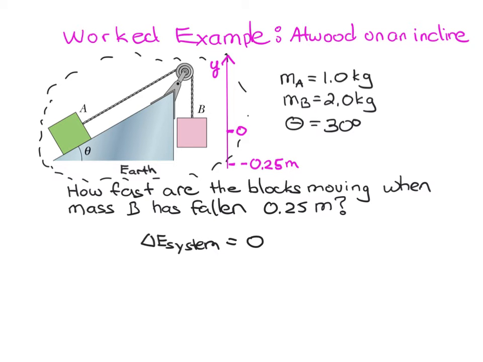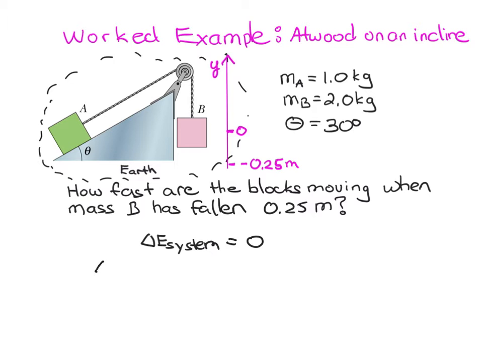And then let me define an axis here. We'll call this the y-axis, and we'll let y equals 0 be the initial elevation of mass B. And in the final configuration that we're going to consider, mass B will be located at a y value of minus 0.25 meters, corresponding to the fact that it will have fallen through a distance of a quarter of a meter.